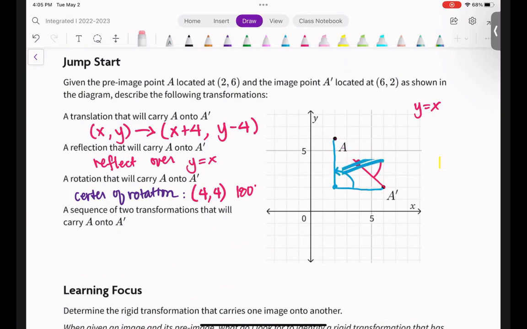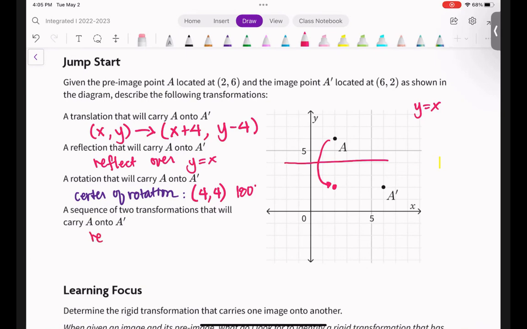One way to do this is you can have this point reflect over so that it lands here. So I need a reflection over this line, right?